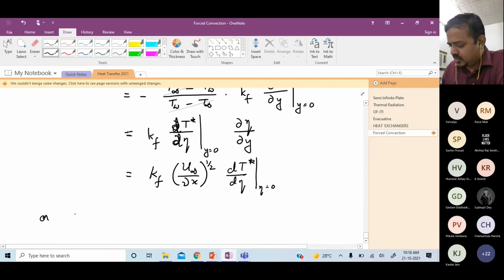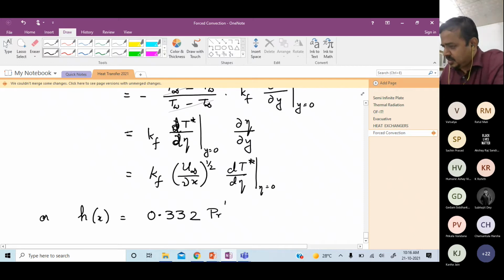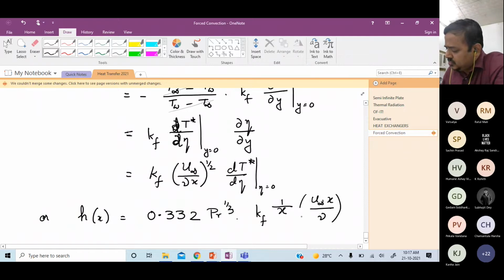We have it now. hx is therefore 0.332 Prandtl to the power 1/3, sorry, times kf times, if I take an x out, if I take a 1 by x out, what I have is U infinity x by nu to the power half.